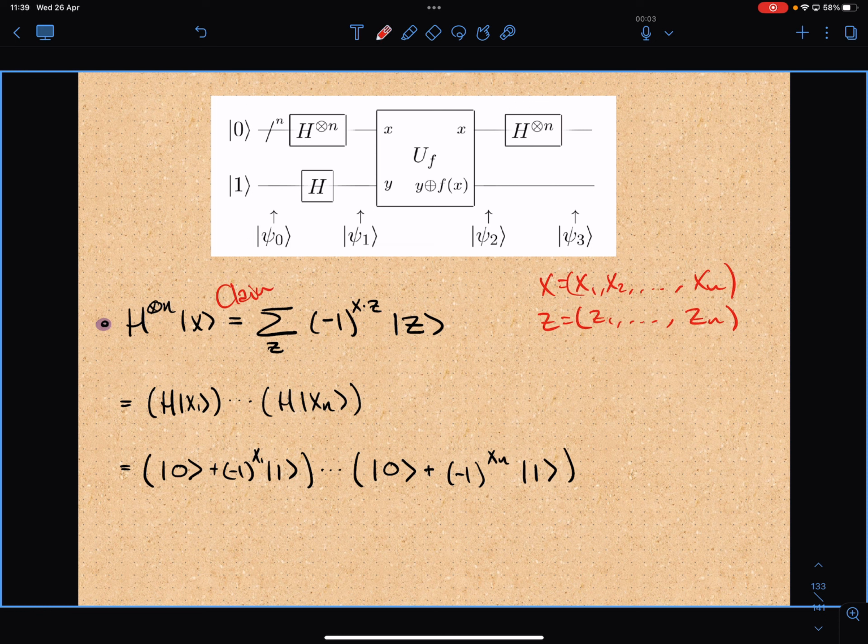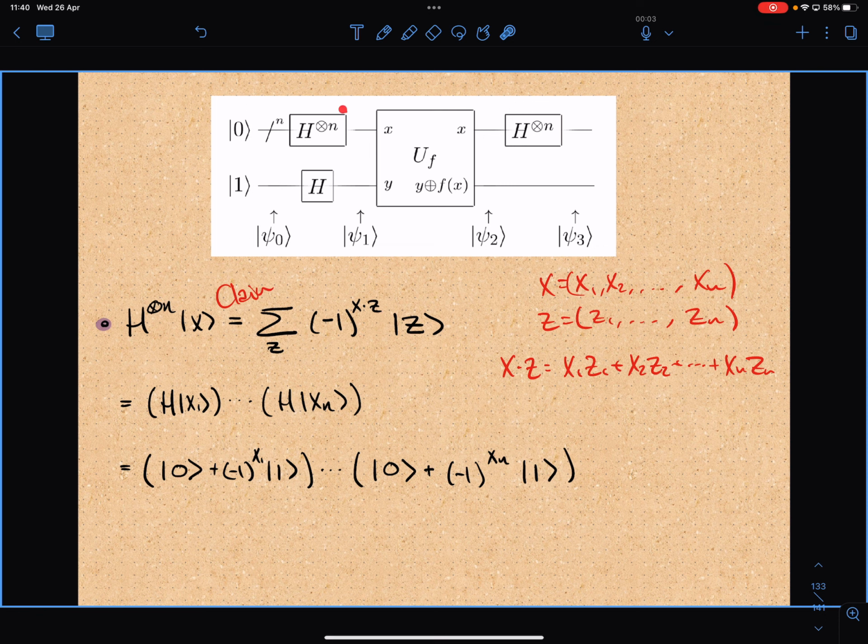This is just the typical dot product. x dot z is equal to x1 z1 plus x2 z2 plus dot dot dot xn zn. So the action of the Hadamard gate on any element is going to be given by this.